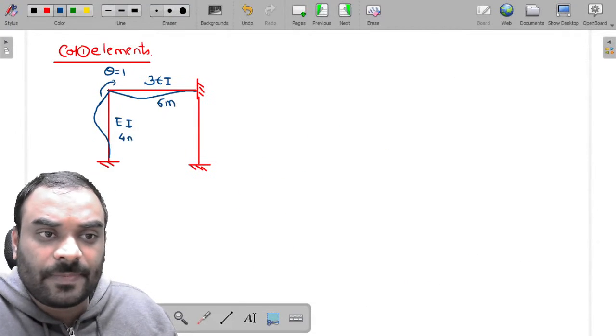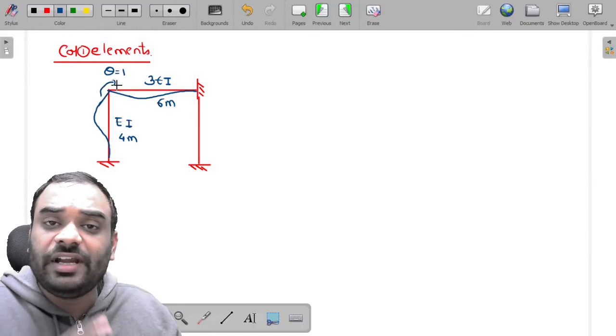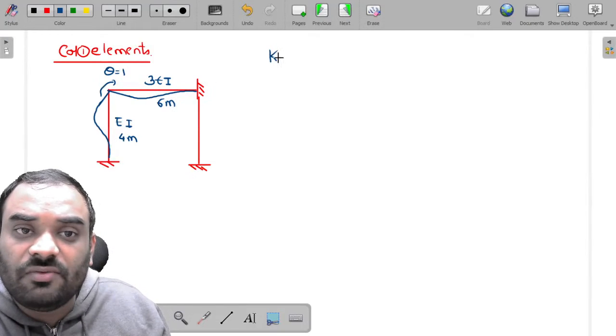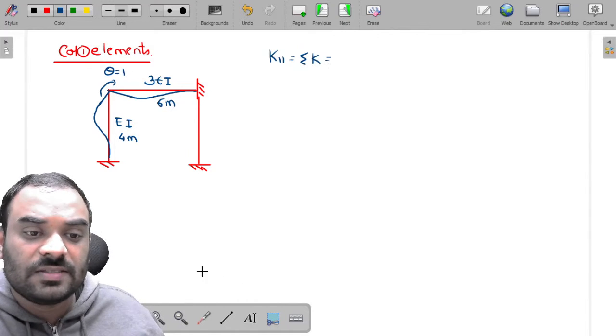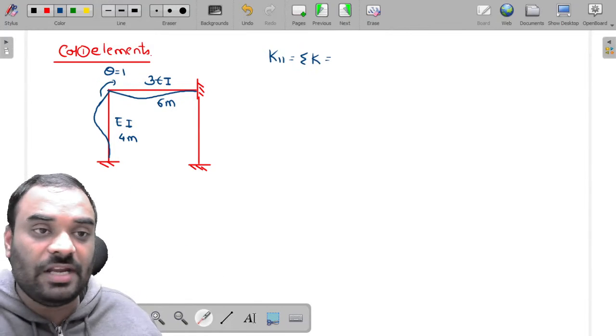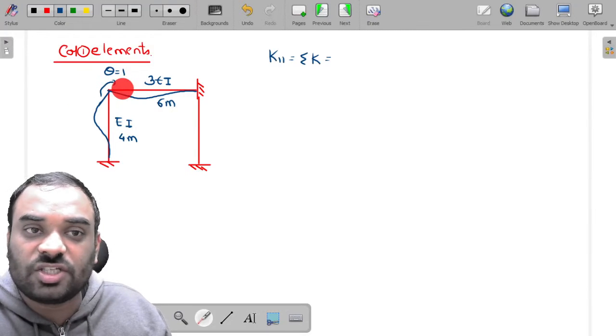Okay, guys. Now, my dear friends, if you want to find the K11 element, what is the value of K11? Sir, it is nothing but summation K at this particular point, because this is direction one only.